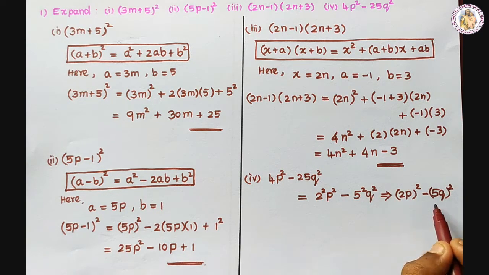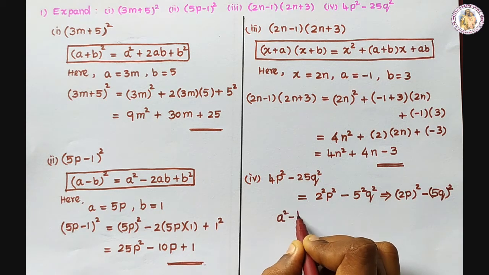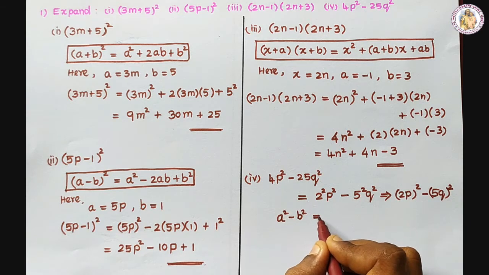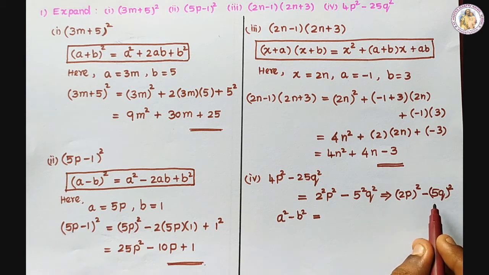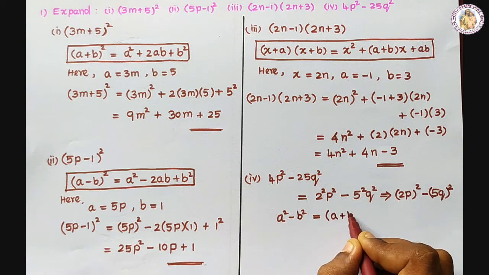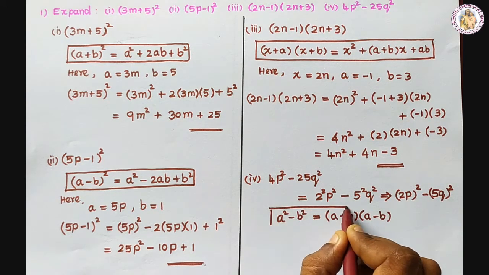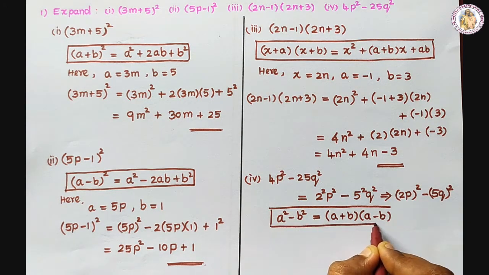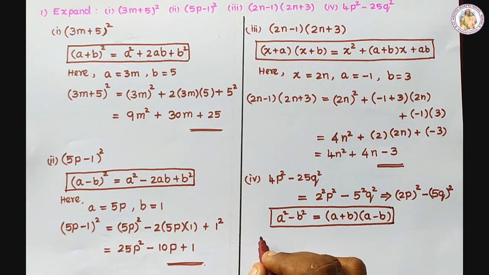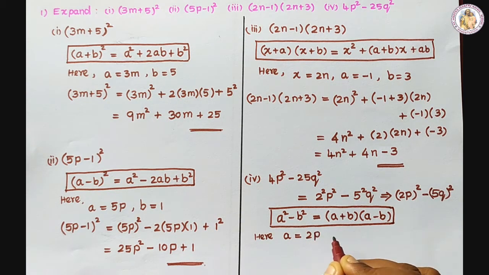Look at this. This is like that, a squared minus b squared formula. So a squared minus b squared is what? (a plus b) into (a minus b). Now we can substitute the values and simplify that. Here a equal to 2p and b equal to 5q.